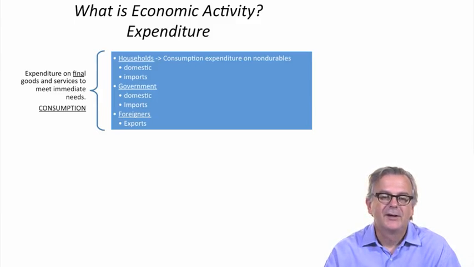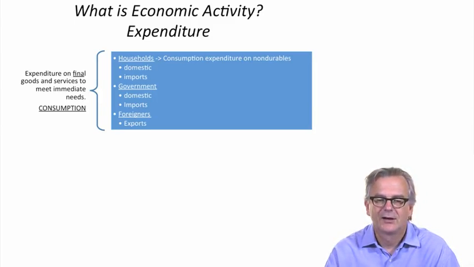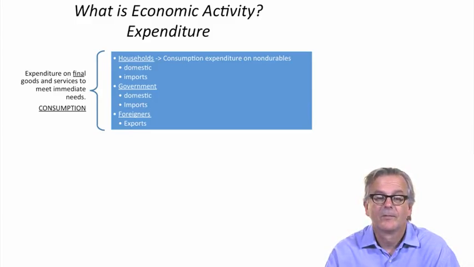The government is our second sector. Government is a very large sector in the economy, and so we keep track of any expenditure that it makes to meet its immediate needs. And again, we need to recognise that that can be expenditure on goods and services that are produced within the domestic economy, or it might be the government purchasing those goods and services from suppliers in other countries, imports.